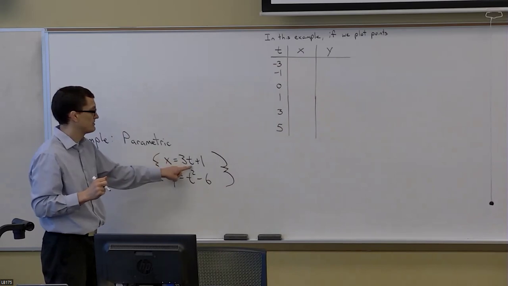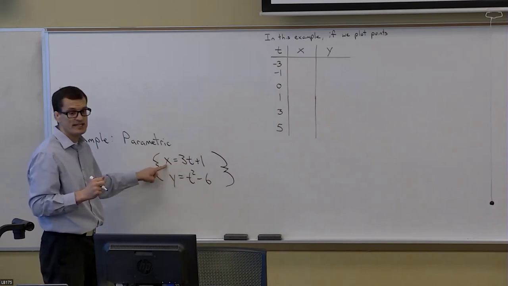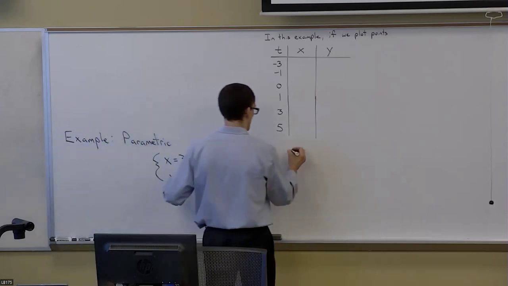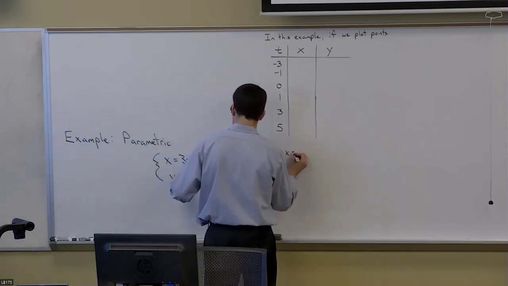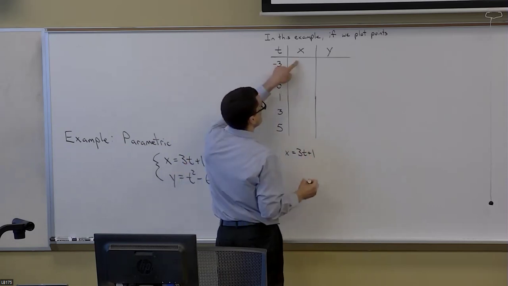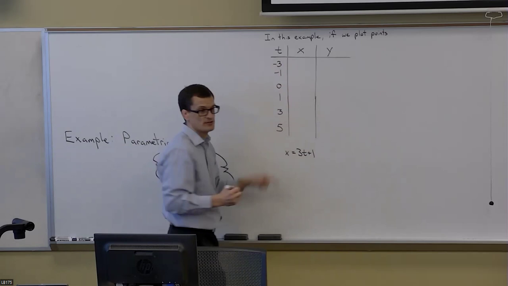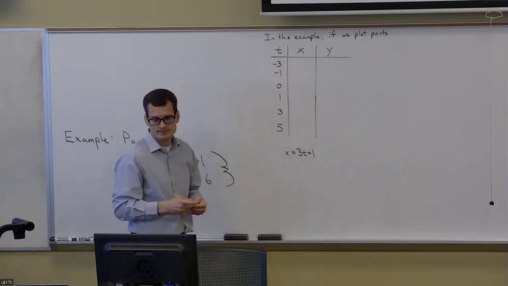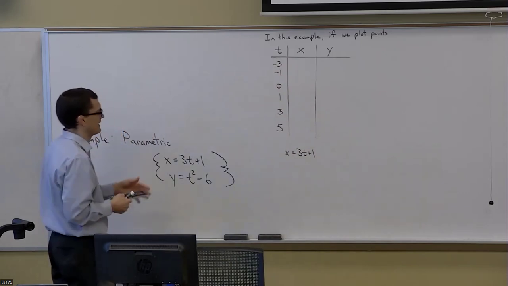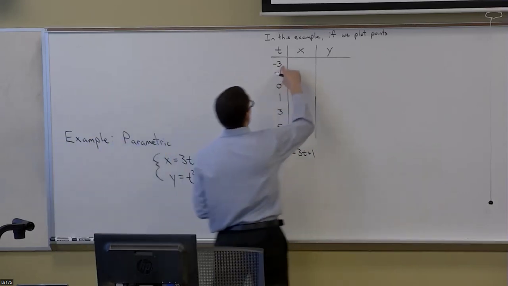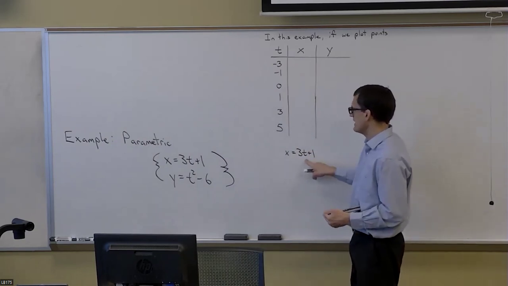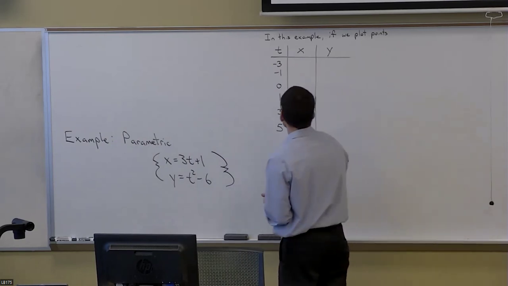When I put those t values in this first equation, I get my corresponding x values. So let me plug that in. If I plug in -3 into this equation, I get an x value of -8.